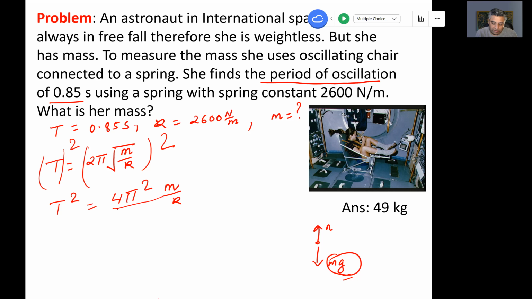So 4 pi squared is in the numerator, if I wrote that formula correctly. So to find m, we need to move this 4 pi squared to this side and k also to this side. So what happens then? It becomes T squared over 4 pi squared. Did I write that formula correctly? Did anybody check that?